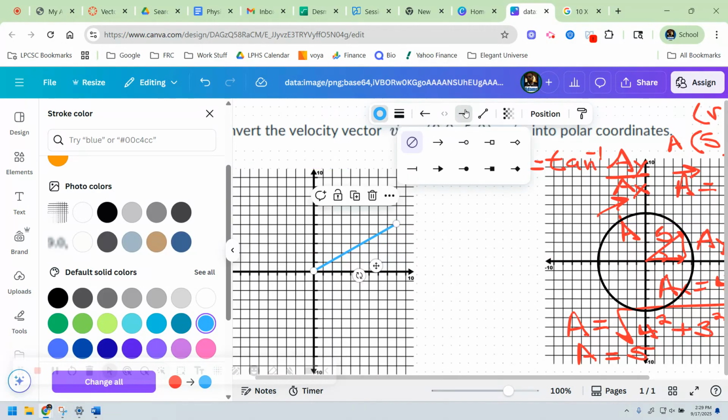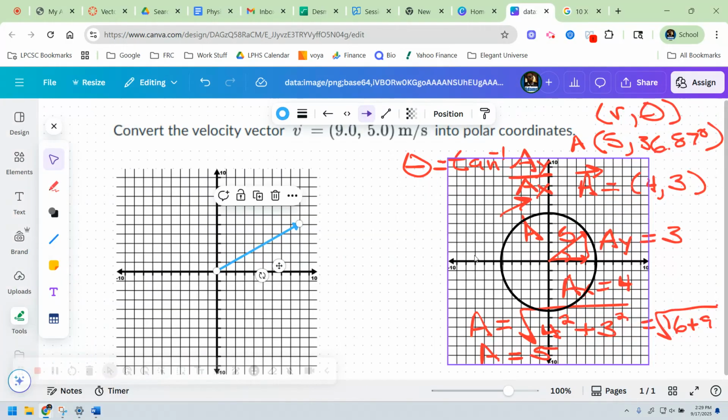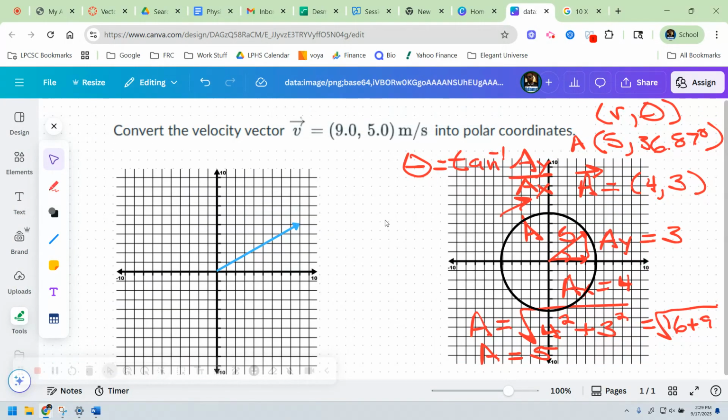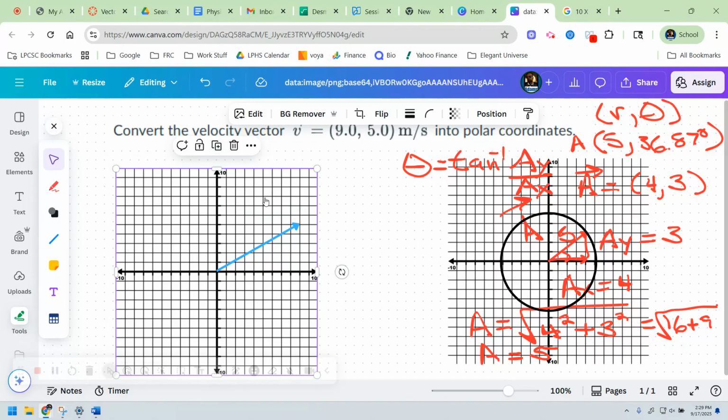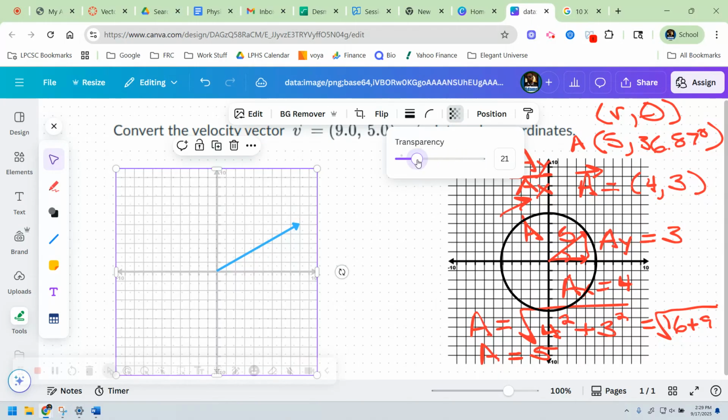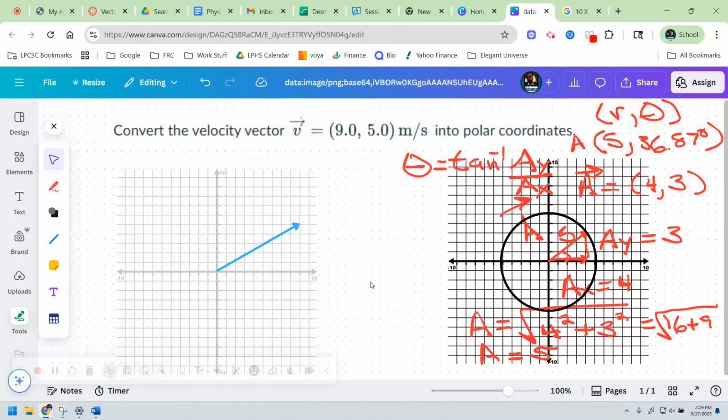Okay? So this is the velocity vector v. Let me make that a little transparent so you can see it. Okay? So this is my velocity vector v.